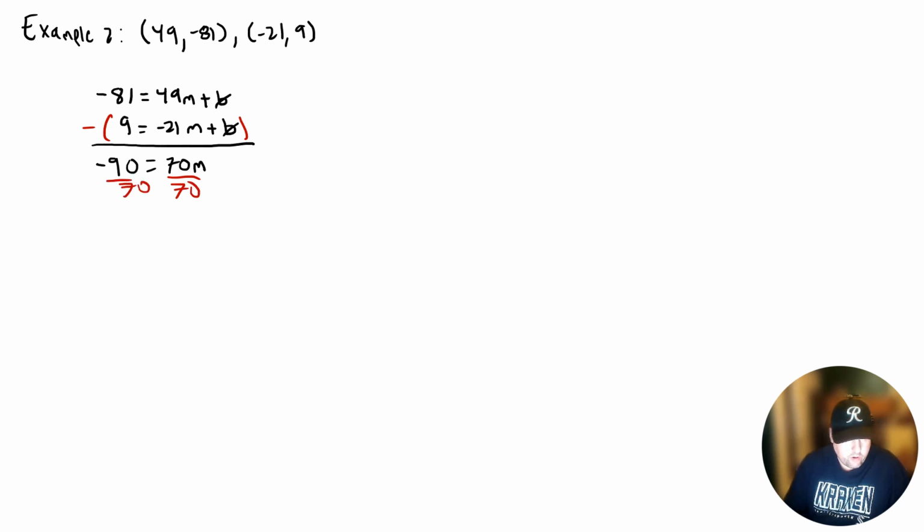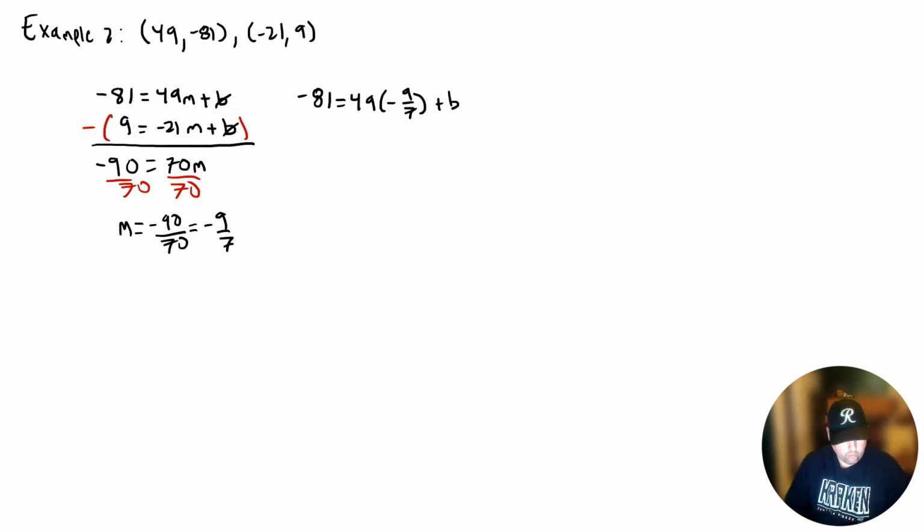So m is going to equal negative 90 over 70, but we always reduce fractions, especially with slopes. So I get negative 9/7. We'll plug that into one of my equations. I'll do the first equation.